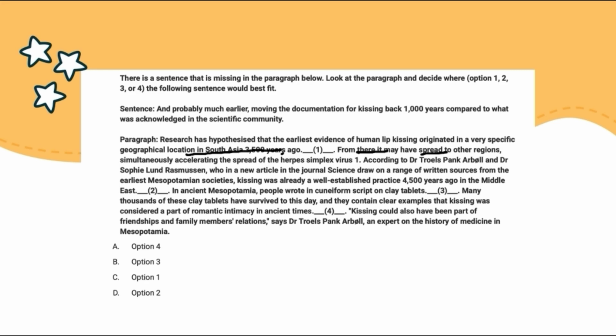It may have spread from South Asia, where it originated. So we are talking about origination and then subsequently spreading. So the logical correlation here is complete, which means this is most likely not the answer, because the flow of the event is complete. Here the chronology works out. Moving on.